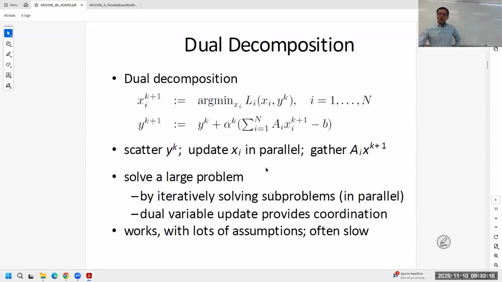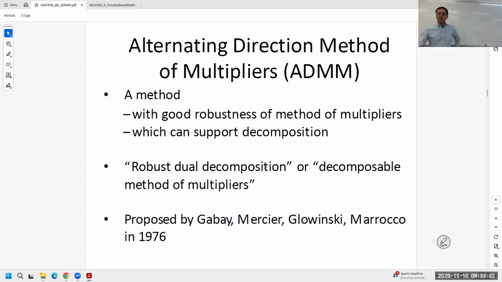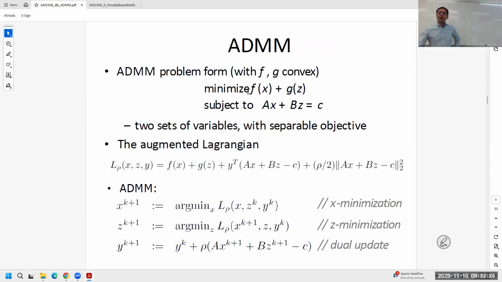The result is good. Now, the ADMM pushes you one step further, saying suppose my target function is separable with two sets of parameters, x and z, subject to a linear constraint on x and z.